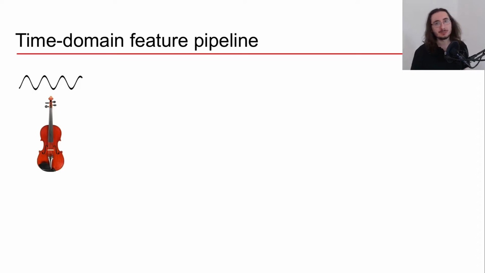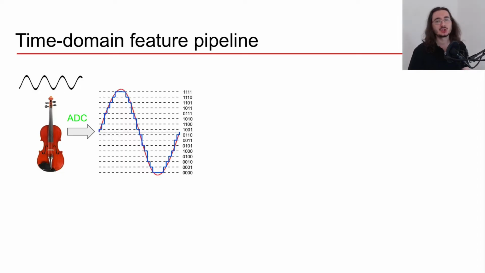Okay, so for the extraction pipeline, obviously the first step is just to look at an analog sound, right? So it could be the sound of a violin, a noise, and then once we get that sound, we want to convert that into something that makes sense and we can somehow edit and manipulate with our computers. And for doing that, we need to go through the analog digital conversion process.